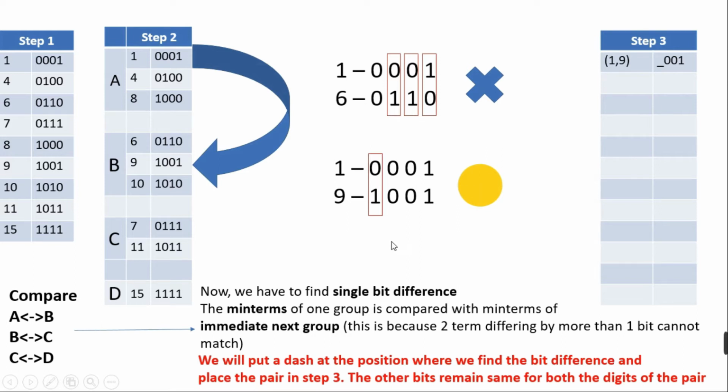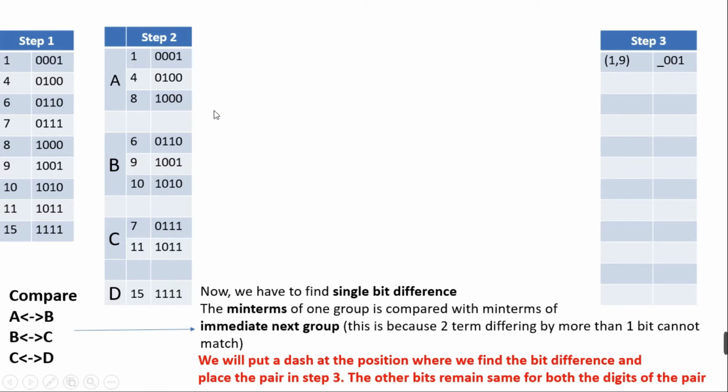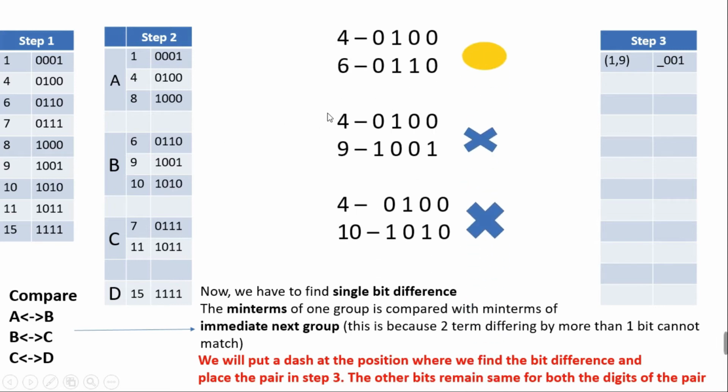So let's continue our comparison. After that, we're going to compare 1 with 10, and you can see there are 2-bit differences, so we're definitely going to discard it. So now the comparison of 1 with all those numbers is done. Now we're going to move on to 4. So you can see when comparing 4 with 6, 9 and 10 from group B, only 4 and 6 matches the condition of single bit difference.